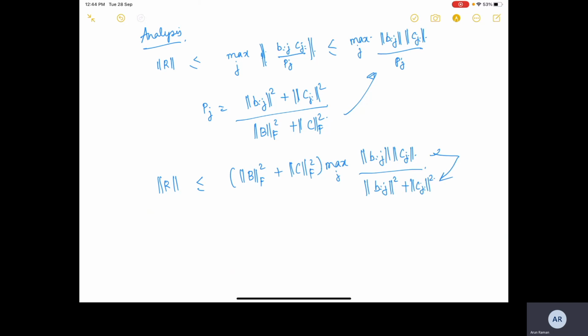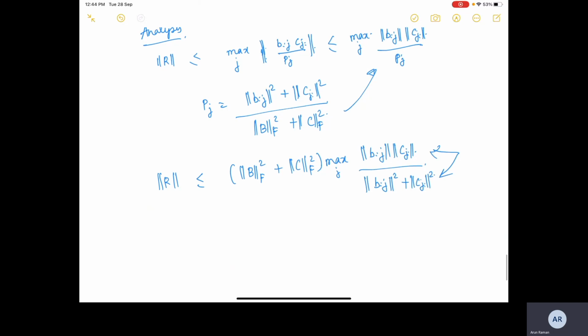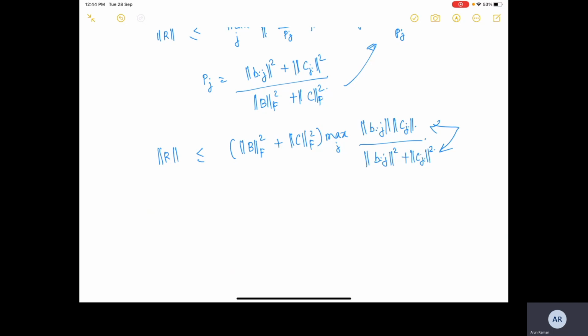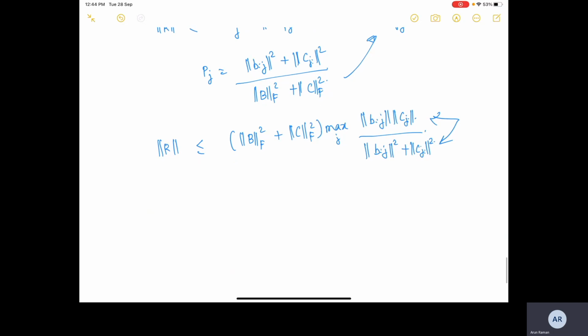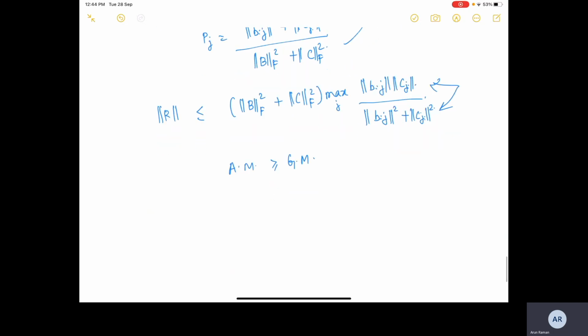Whenever we have quantities like this, we can use the relation between arithmetic and geometric mean. We know that the arithmetic mean is greater than or equal to the geometric mean.